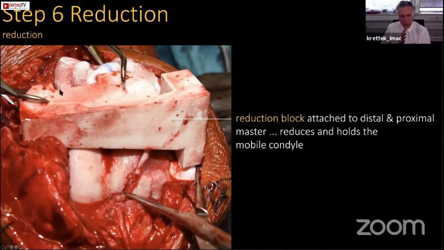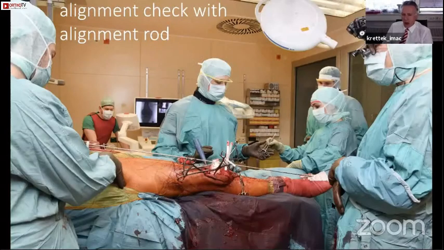The reduction block, as we have seen, is snapped into the proximal and distal master. So there is only one position which fits the perfect reduction, and this is additionally controlled with the alignment rod, and then we can go on for fixation.